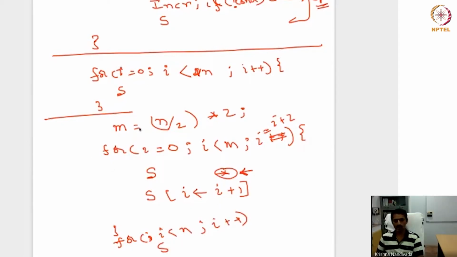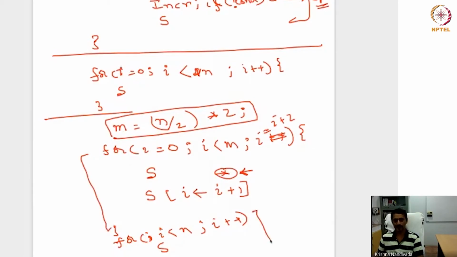So what did I do? If let's say n is 11, m becomes 10. So I will execute the loop from 0 to 10. And the last iteration, I'm doing it separately. Actually, I don't need a for here, but fine. So instead of 2, if I'm unrolling it with k, then I will replace this with k, and I will have so many copies of S here.